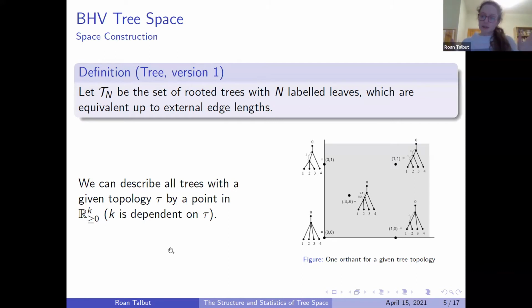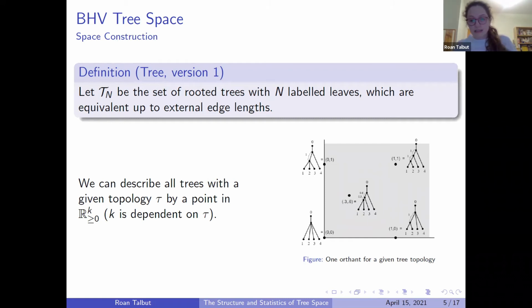And on each side of this quadrant, we have lines which are effectively equivalent to degenerate trees, where more than one split happens in one go. So we have 1, 2, and 3 all splitting at the same place, or we have 3 and 4 splitting at the same time as 1 and 2 coming off as well.